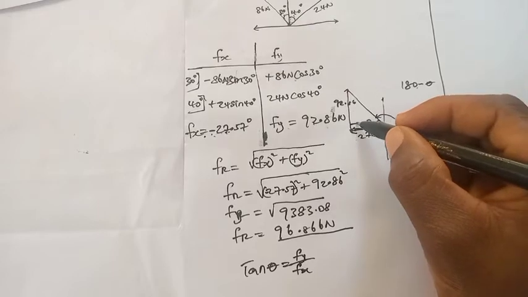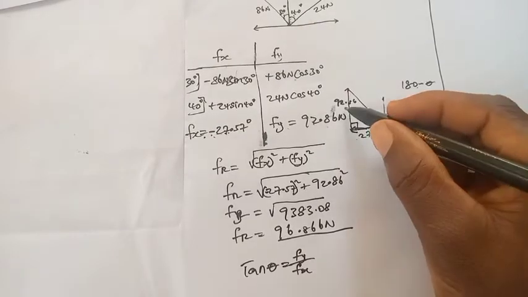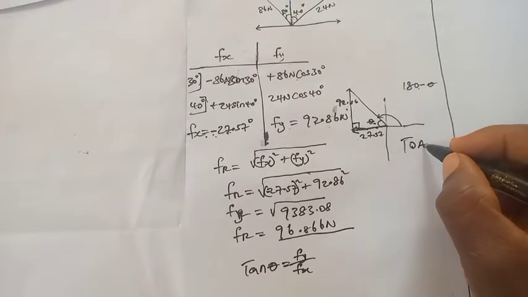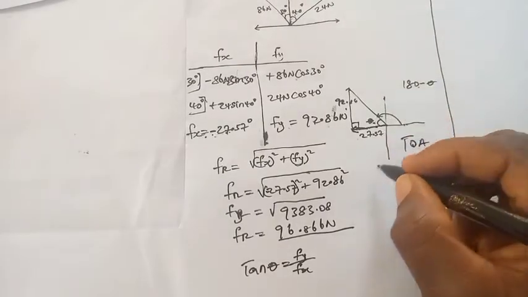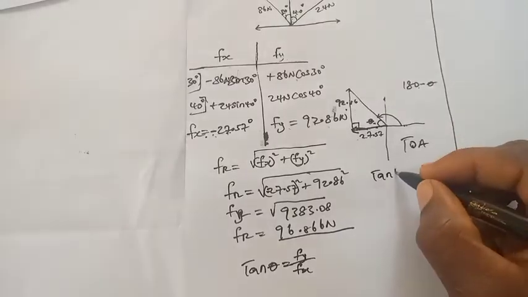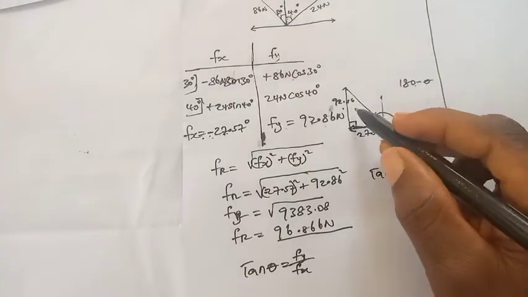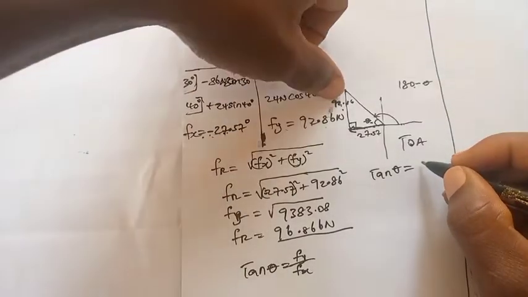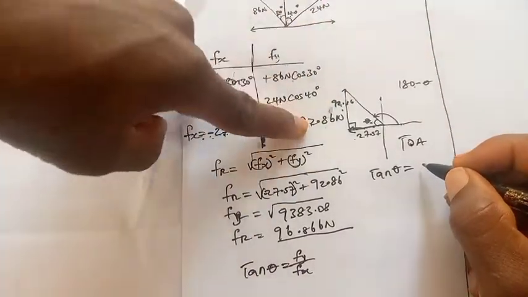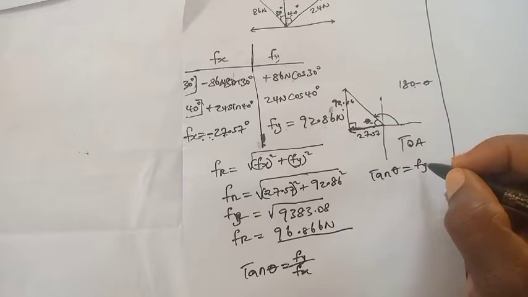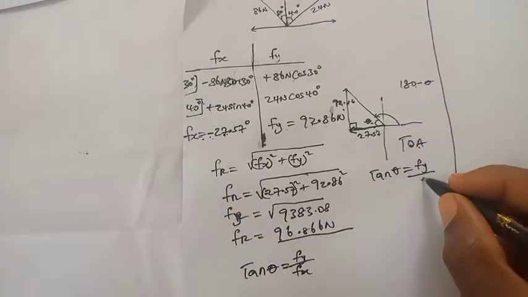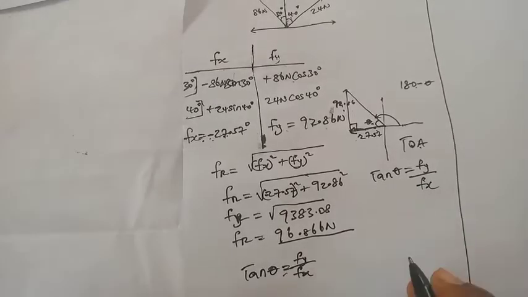Remember, we are dealing with opposite and adjacent, and tan is opposite over adjacent, so tan theta is equal to opposite, which is f of y, over adjacent, which is f of x. Okay, so that's how we got this.